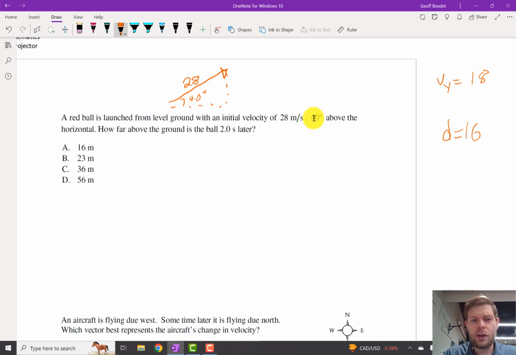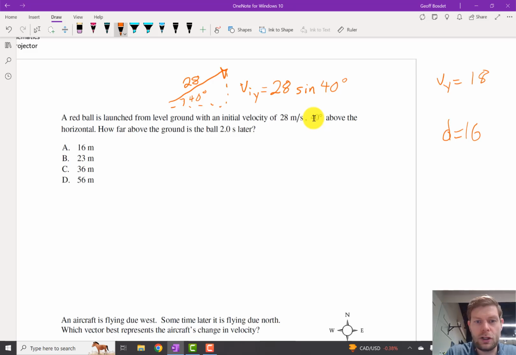And if we're interested in how high above the ground it is, not how far sideways it's gone, really we only care about the vertical component. We could solve for both, but really we're just going to need the vertical. So that's all I'm going to solve for. This would be our VIY, our initial y velocity, would just be 28 times sine 40.